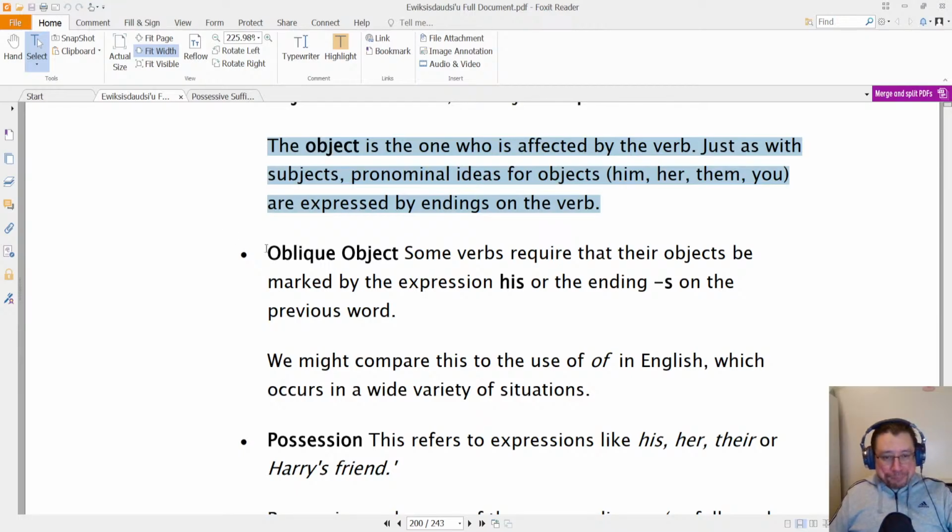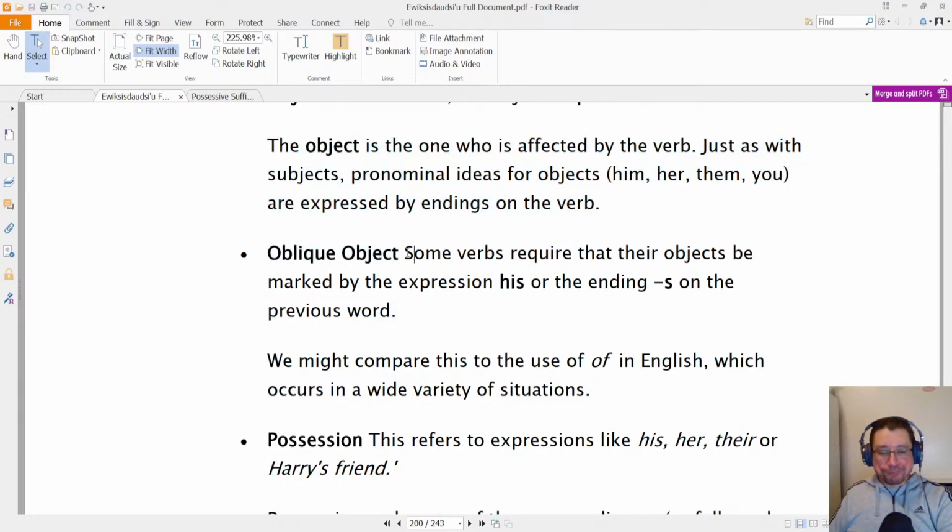Next, he talks about oblique objects. Some verbs require that their objects be marked by the expression "hase" or the ending "s" on the previous word. Again, this is something that you might see or hear depending on the speaker. So you might hear "hase" or you might hear or see the letter "s" added on to something to connect words.